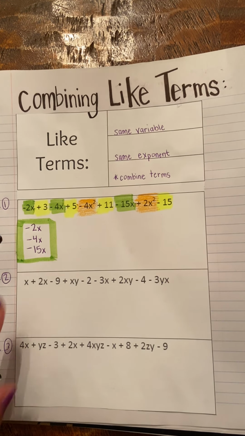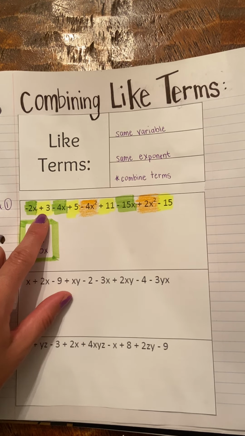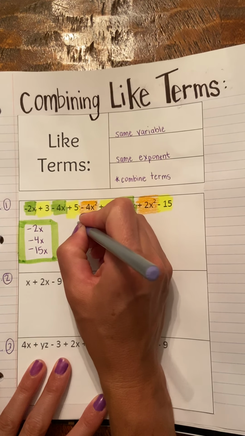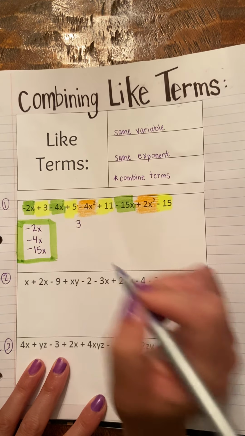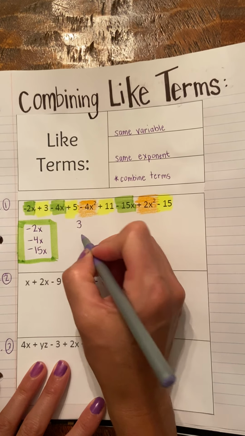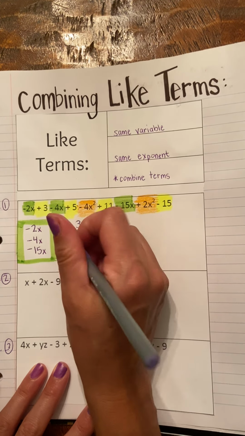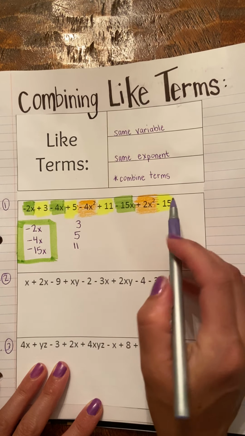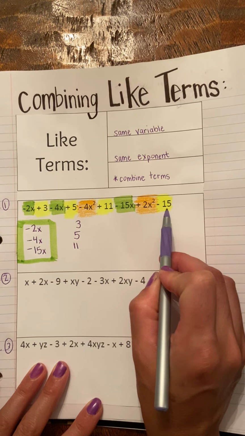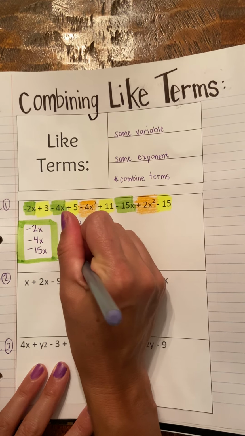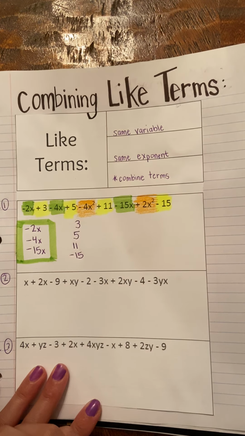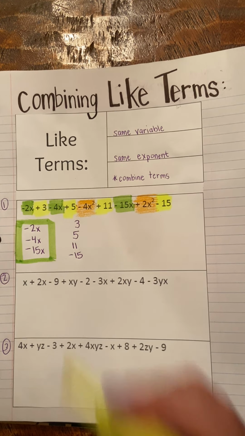Okay, let's look at our yellow terms. That is 3, that's a +3. That is a +5. That is a +11. But this is actually a -15. And those are our yellow terms.